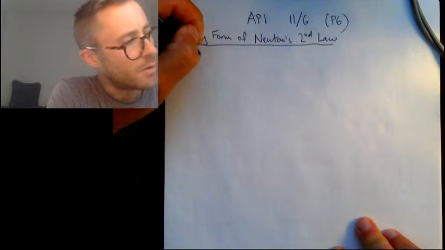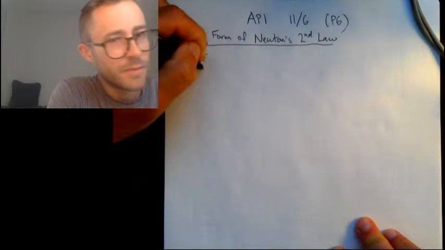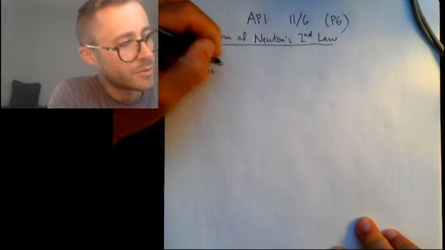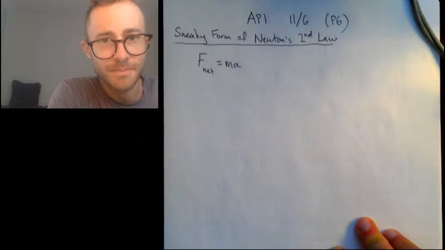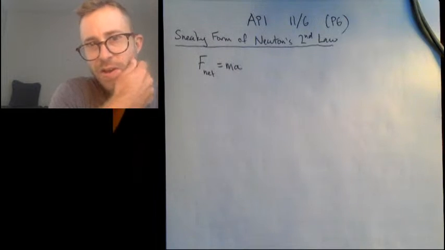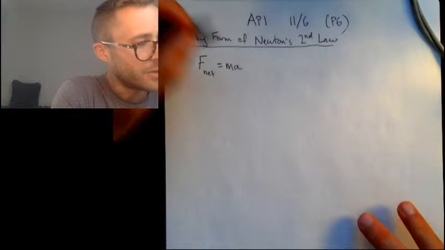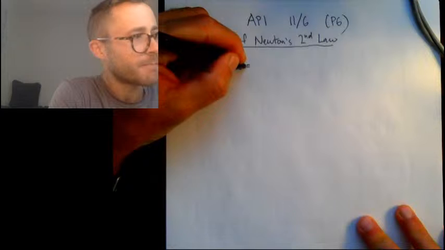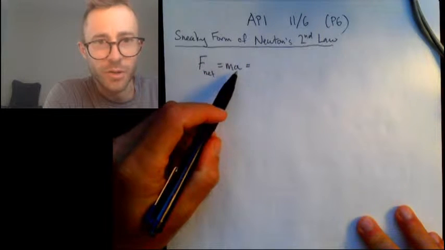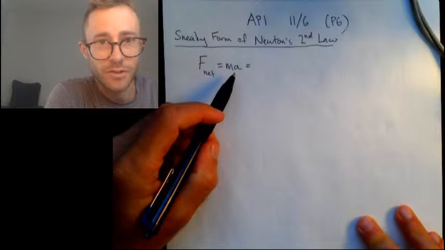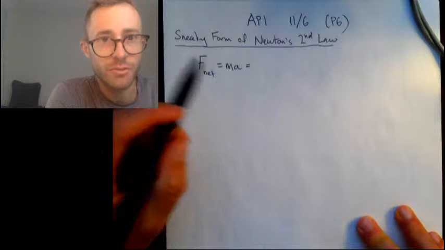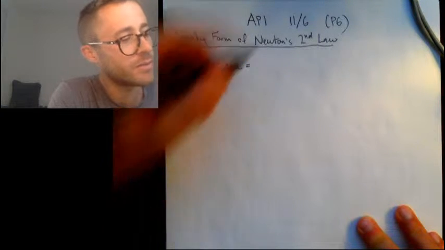So if you recall, Newton's second law is net force equals mass times acceleration. Now what we're going to do is write the definition of acceleration. Acceleration is the rate of change of velocity.